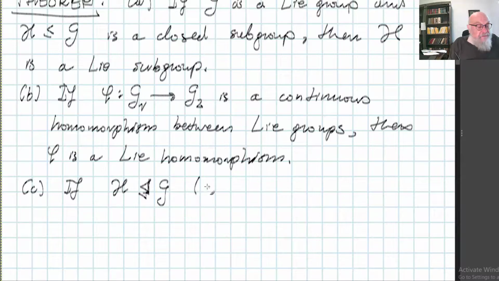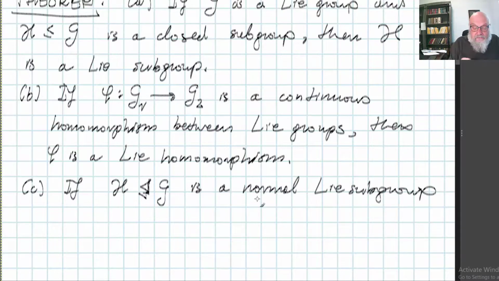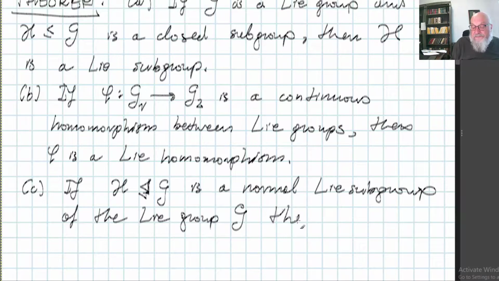So H normal in G means H is a normal Lie subgroup of the Lie group G, then the quotient space, the quotient group, is a Lie group.